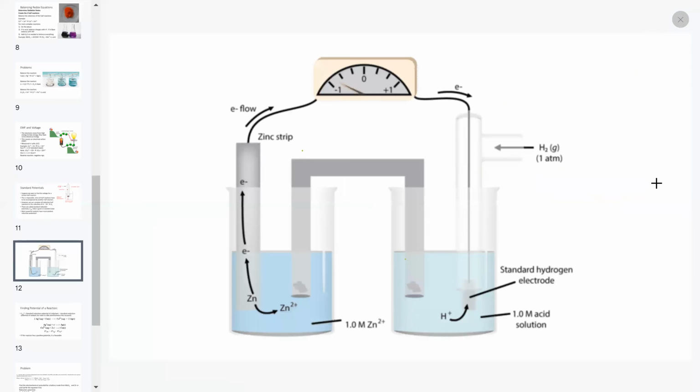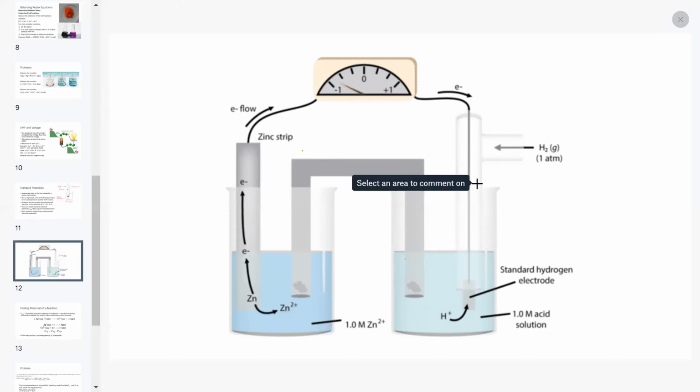We don't have much time left, so here's a diagram of an electrochemical cell. This is basically kind of what a battery looks like. This is a lot less compact than a battery, of course, but it's the same idea.